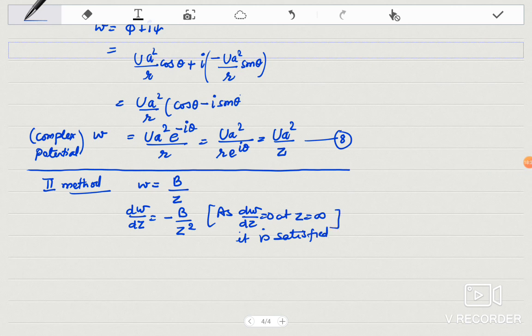And since it is satisfying the condition, we may assume W to be of this form.